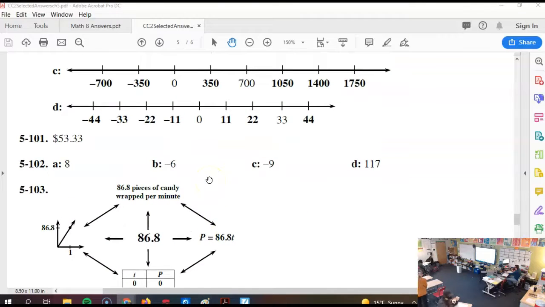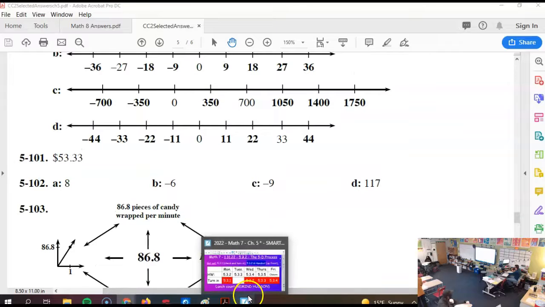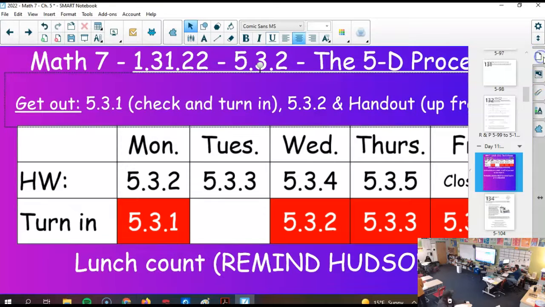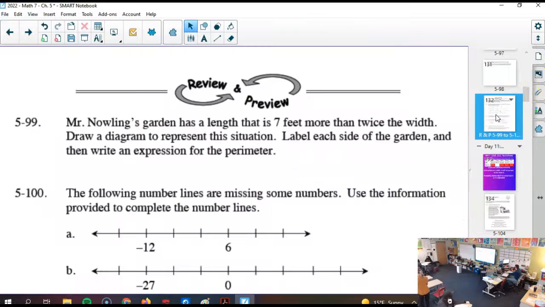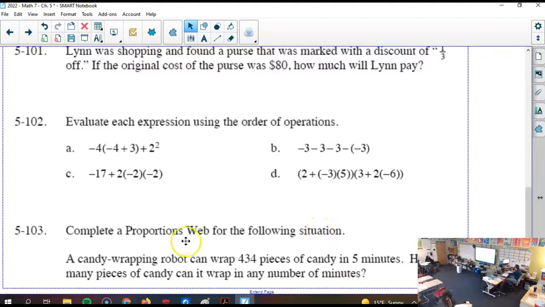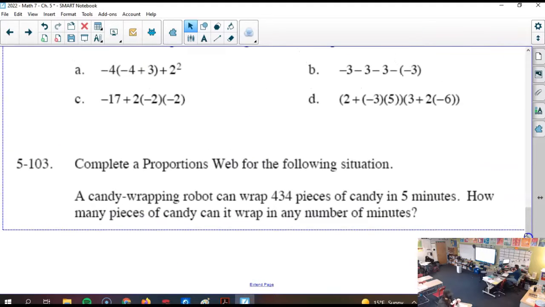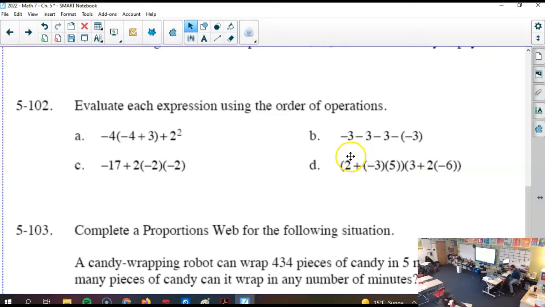Aiden. 102. There are 4 parts to that, so do you want to give me any specific one? Sorry, you said B. I hate masks. Not that I want to stop wearing them, but I would love to be able to hear you guys better. So in 102, this one always kind of, kids will come up and be like, wait a minute. So guys, when you add and subtract, we're going left to right.